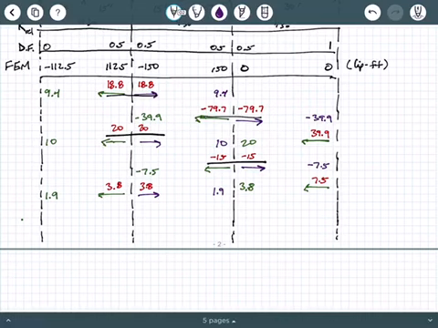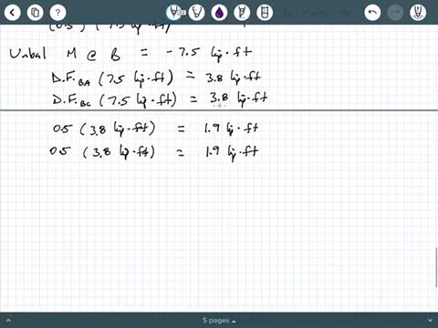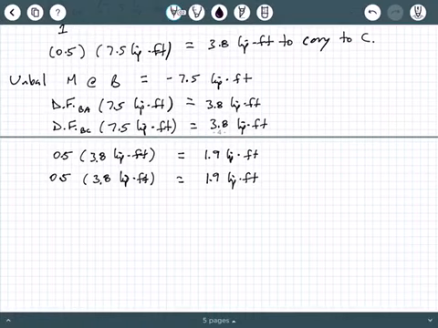Okay, now at this point, I would say is probably a good stopping point. I normally stop iterating.